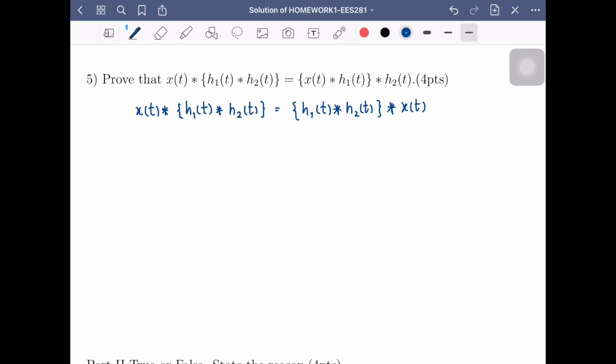And then from the definition, we get the integral from -infinity to infinity of h1(tau) star h2(tau) dot with x(t minus tau) d tau.